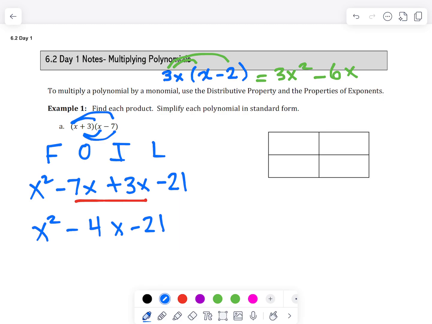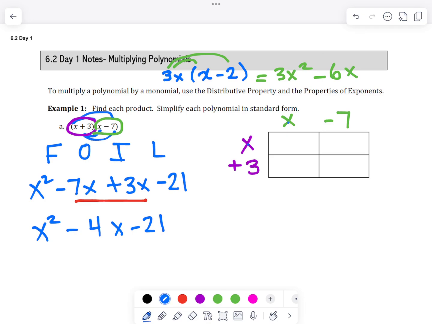We can also do the multiplication using a box method. So how we do that is we would put the first binomial outside the boxes, so x and then plus 3. The second binomial outside the boxes, x minus 7, and then we multiply.